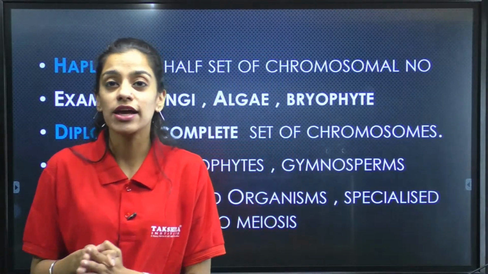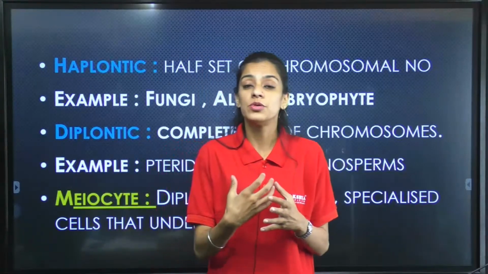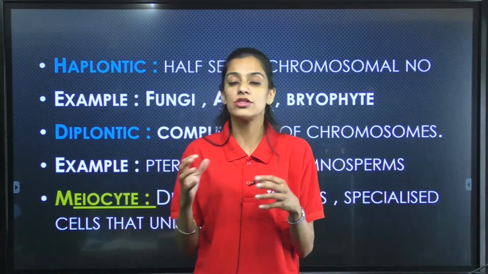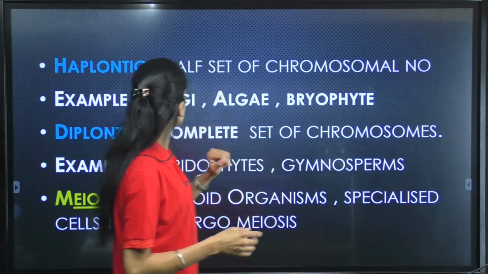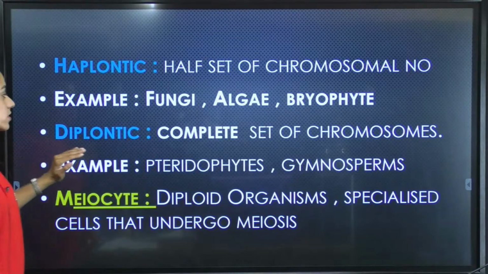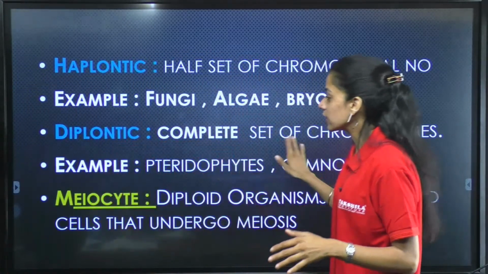This life cycle depends on whether it is producing only male, only female, or both, and how it is different. Just like that we have the haplontic and diplontic cycles. And there is one more cycle, also known as the haplodiplontic cycle.